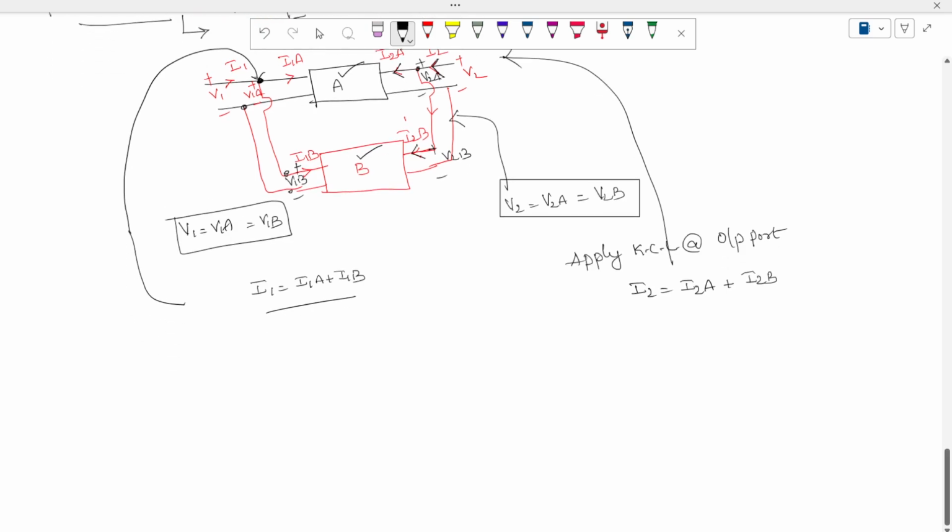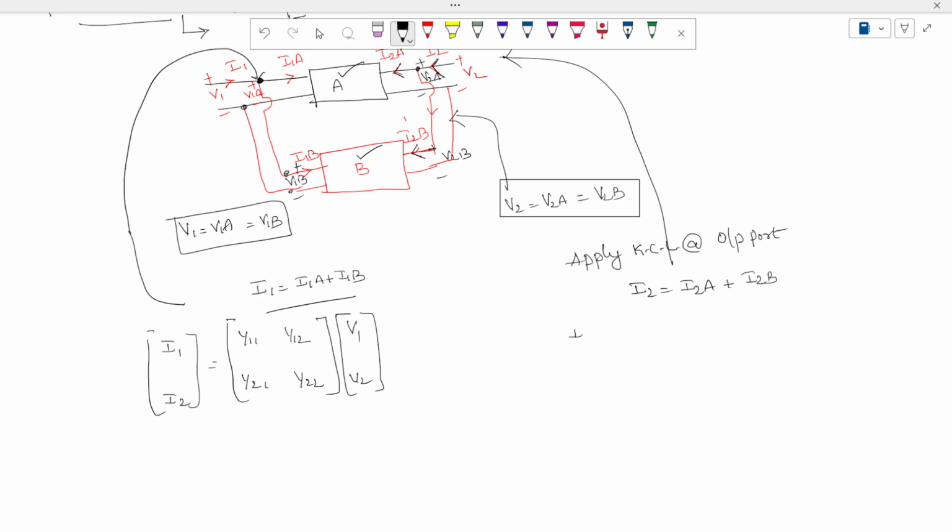Now we want to sum like this. Before summing, let's write down the basic y parameters. I1, I2 is equal to the matrix y11, y12, y21 and y22, which is nothing but the y parameters multiplied with V1 and V2.